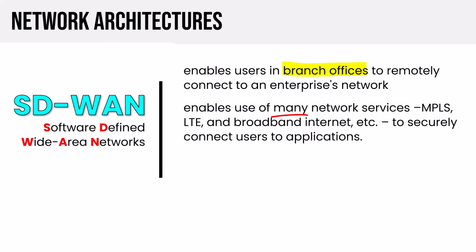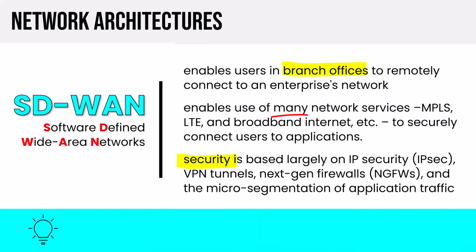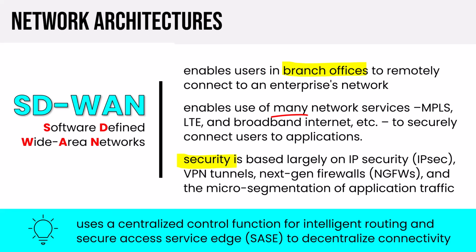Security is largely based on IPsec, VPN tunnels, next-gen firewalls, and microsegmentation of application traffic. And in more recent years, what we're seeing in terms of SD-WAN configurations is a centralized control function for intelligent routing and secure access service edge to decentralize connectivity.